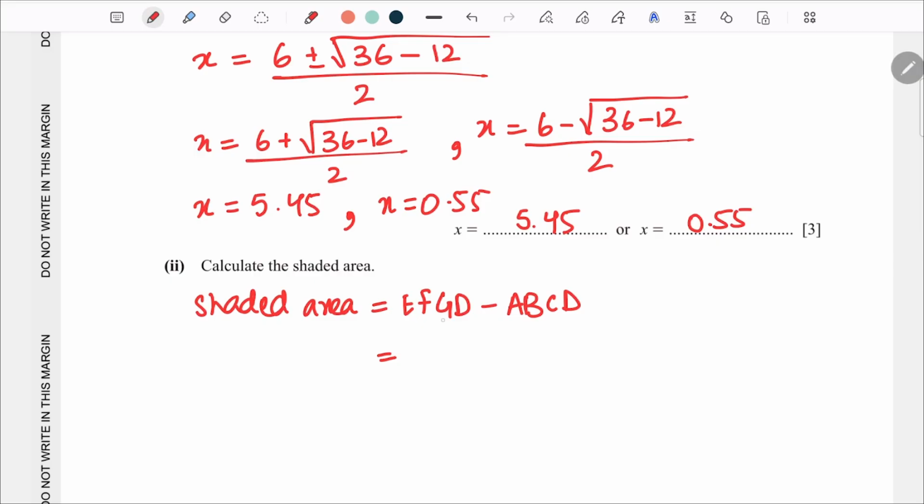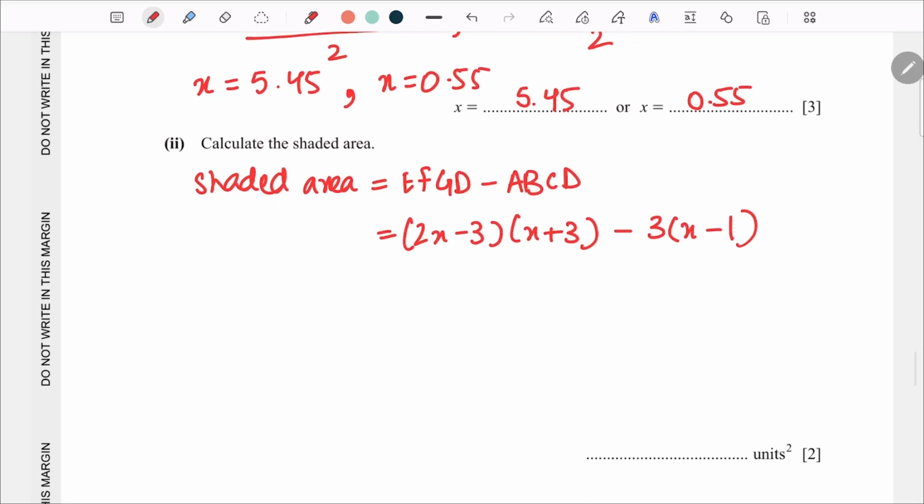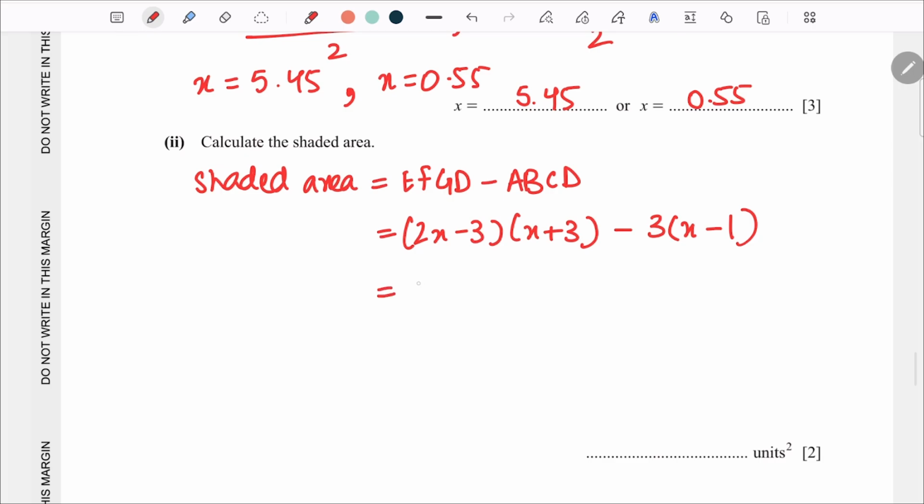The area of EFGD in terms of x would be 2x minus 3 multiplied by x plus 3, and the area of ABCD in terms of x was 3 bracket x minus 1. So when we simplify this, we'll be getting 2x squared minus 6x plus 0.